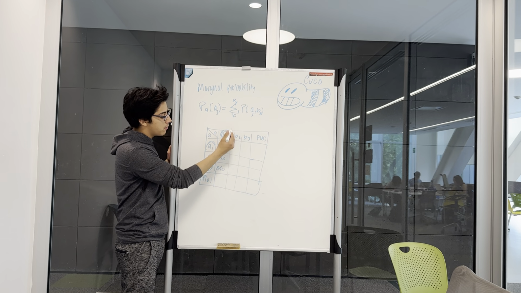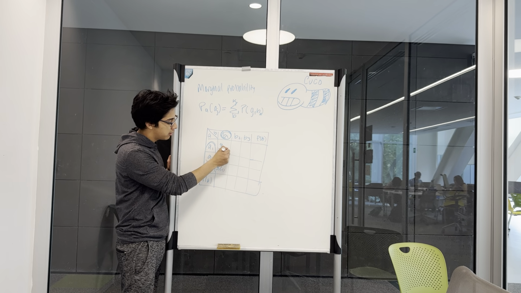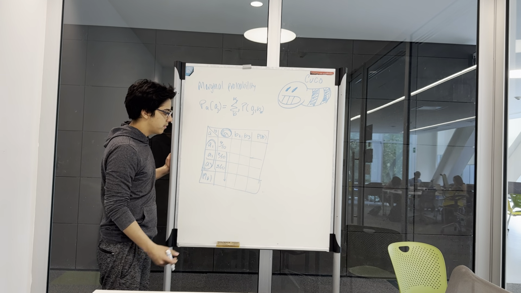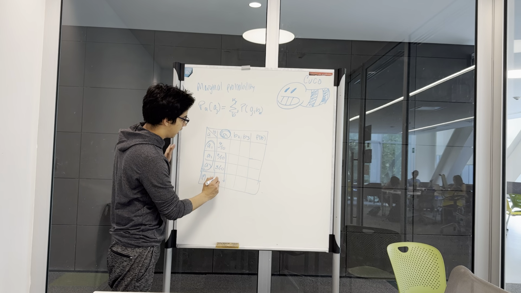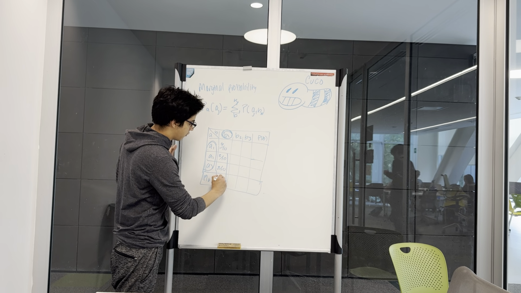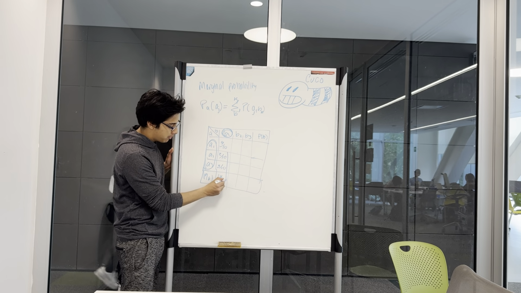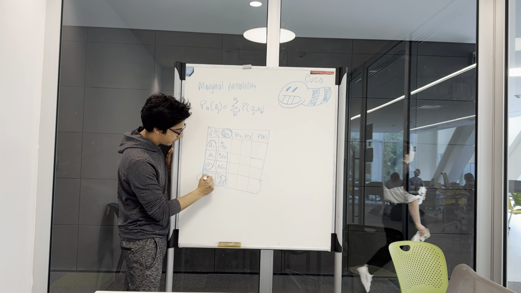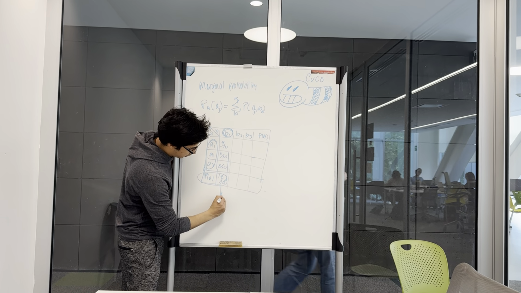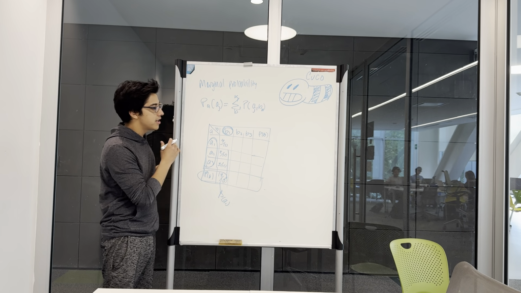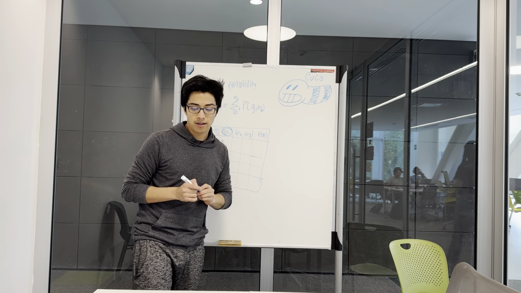So according to this equation, we simply sum all these columns. After summing this column, we get 14 tenths. That will be the probability of event A1 happening in total. So this is marginal probability.